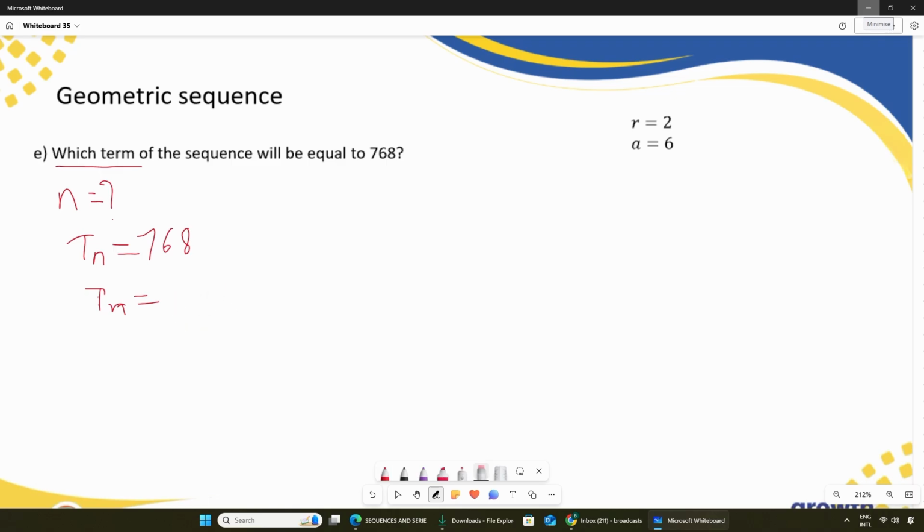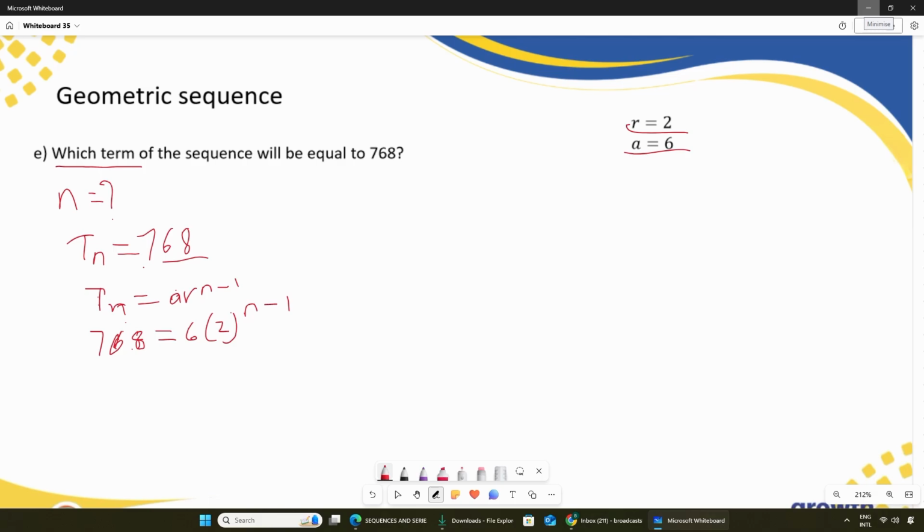You have ar to the power of n minus 1. That is your general formula. You know the value of Tn, that is 768, which equals the first term, which is 6, times the ratio, which is 2, to the power of n minus 1.